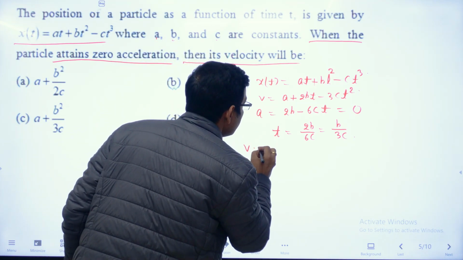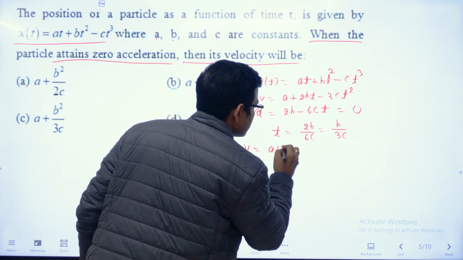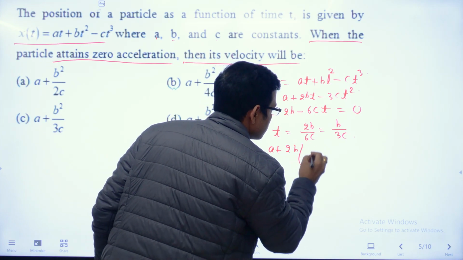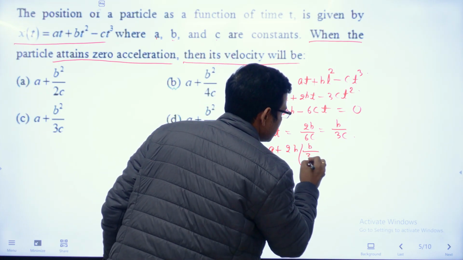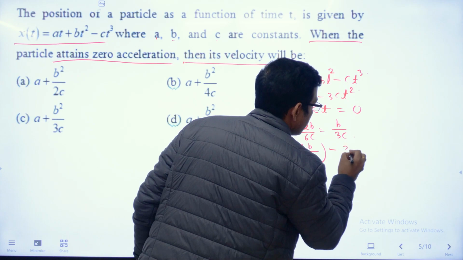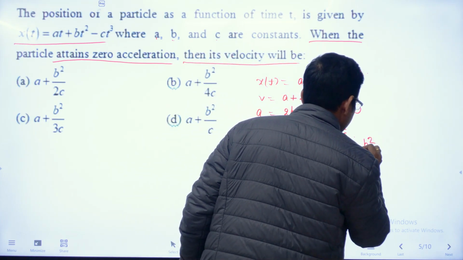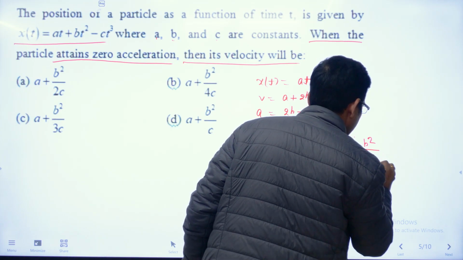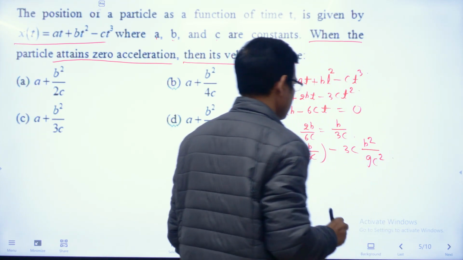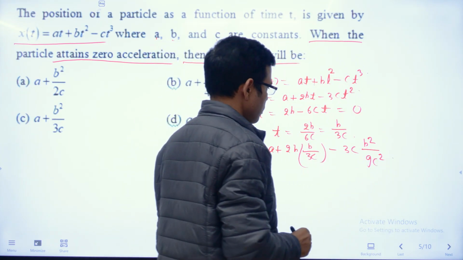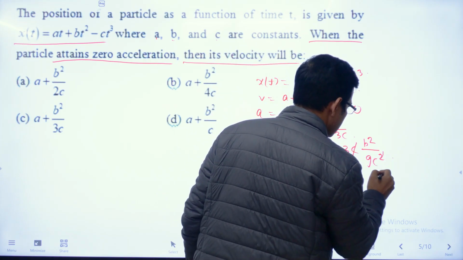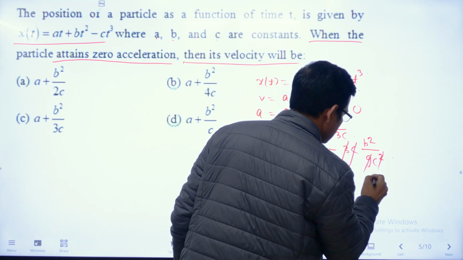So v is equal to a plus 2b into b by 3c minus 3c into t square, that is b square divided by 9c square. So this c and this c cancel off, this 3.